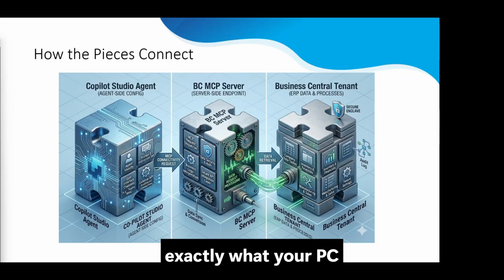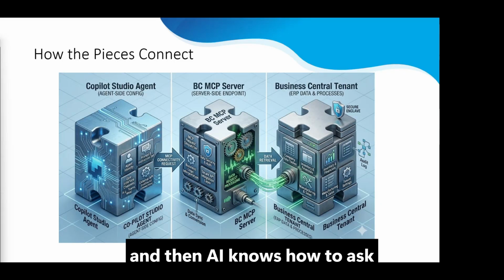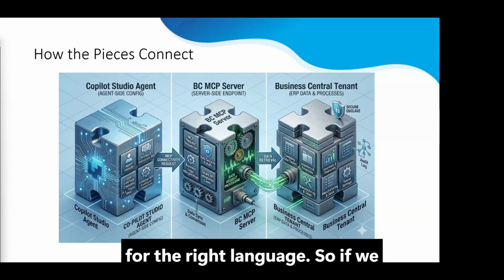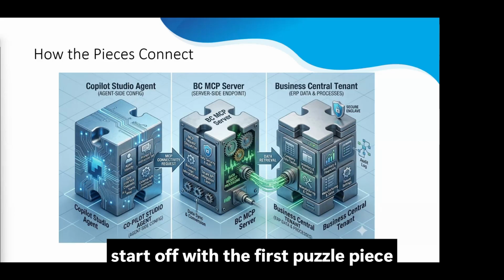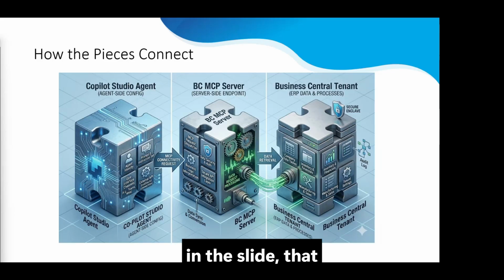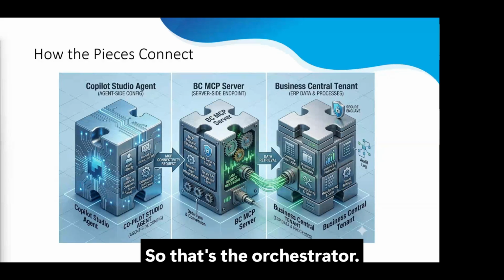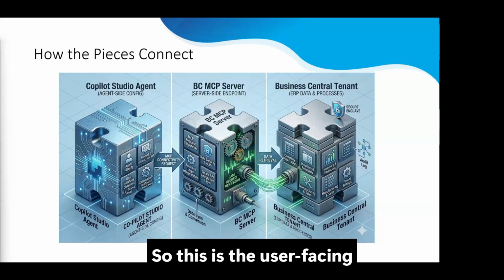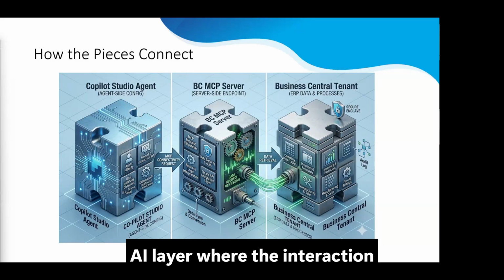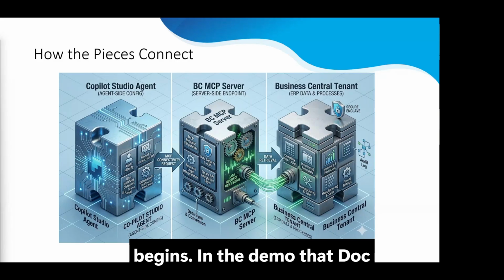You can decide exactly what your BC environment shows AI, and then AI knows how to ask for the right language. If we start off with the first puzzle piece in the slide, that would be the Copilot Studio agent. That's the orchestrator. This is the user-facing AI layer where the interaction begins.